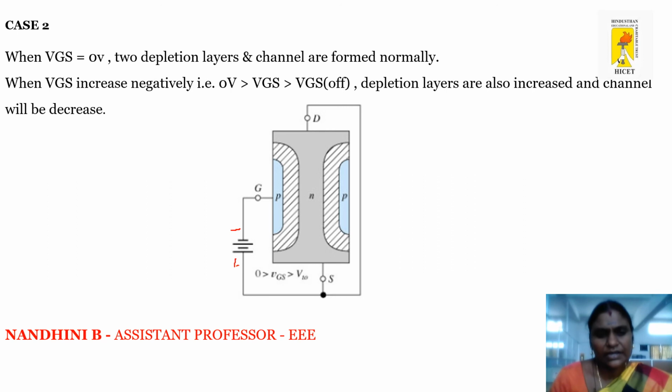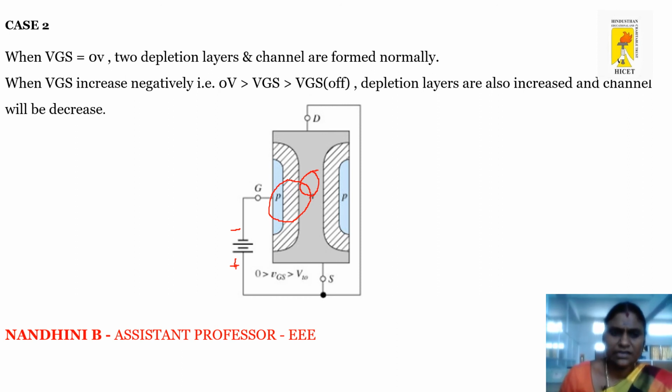So if it is negative, your depletion region starts to increase and the channel will be decreased. You can see here your depletion layer is increased and your channel is decreased, okay.